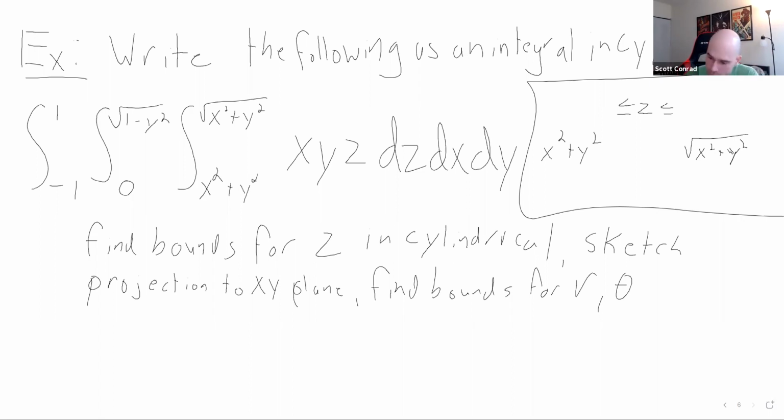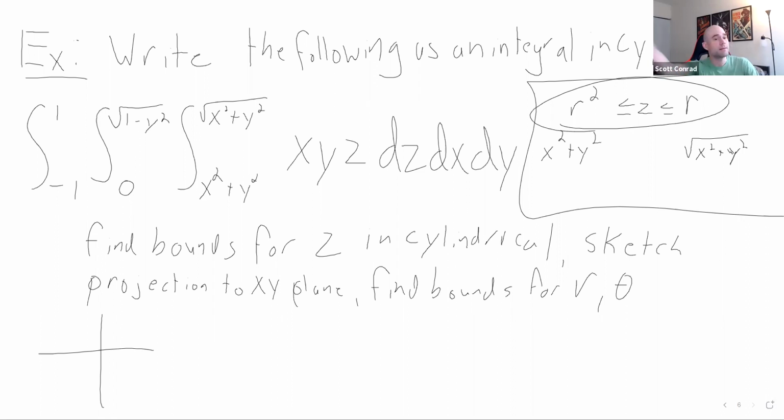R squared, right? So x squared plus y squared is r squared, and then bounded above by the square root of x squared plus y squared, which is square root of r squared, which is just r. So these are our bounds for z. Easy. Don't need to sketch that in 3 dimensions. It's that straightforward.